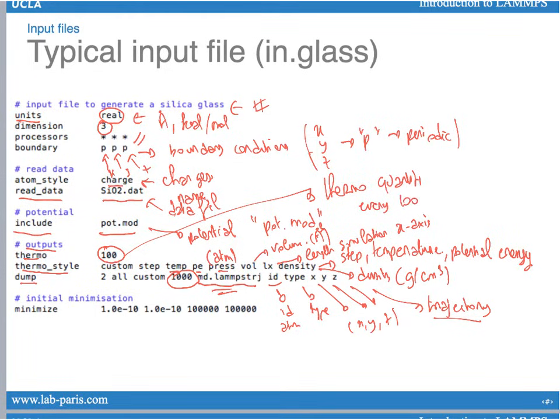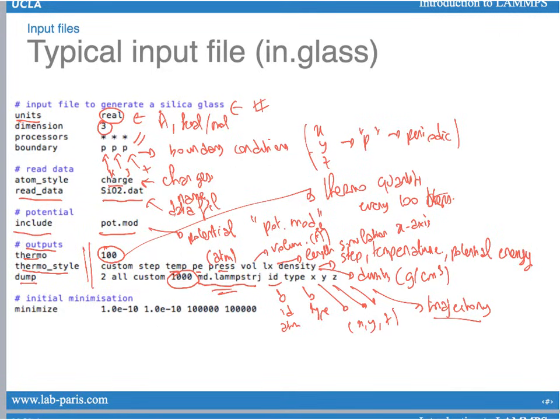You can request this information as often as you want, but typically you will not want it too often, to avoid having giant files that contain all the information about your system every single step. So it's usually fine to ask for the thermodynamical information every 100 or every 1000 steps to minimize the size of the files that are generated. Then, this defines all the outputs.